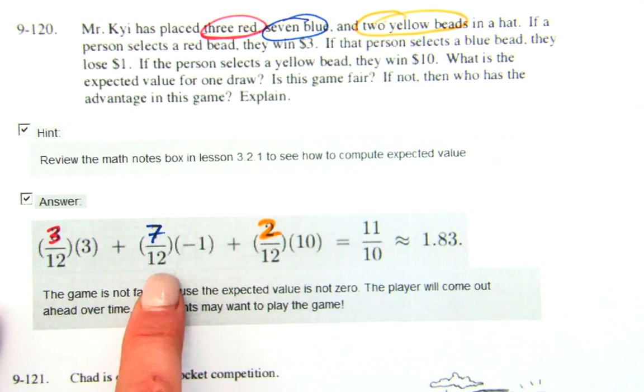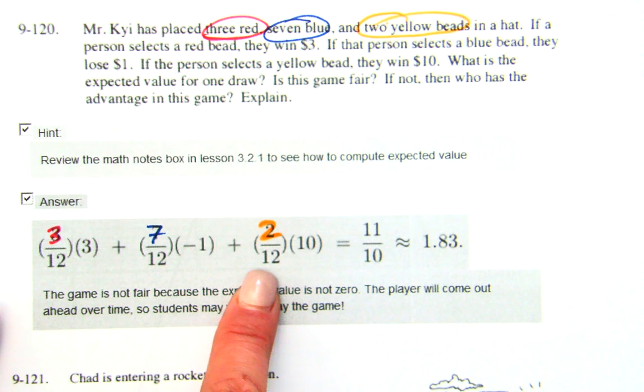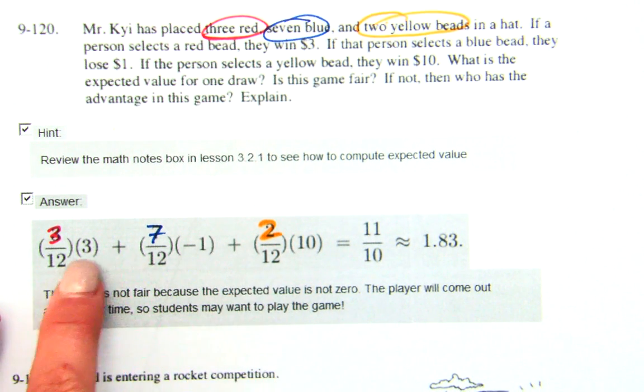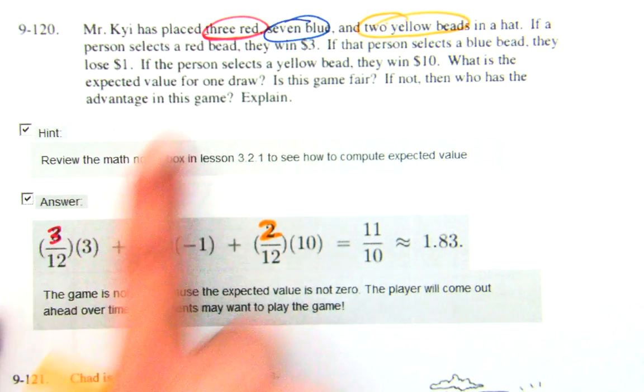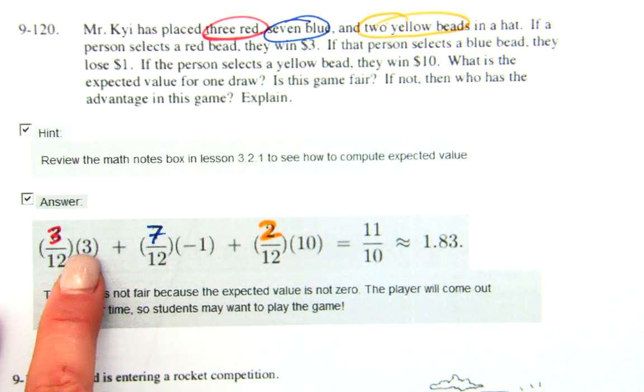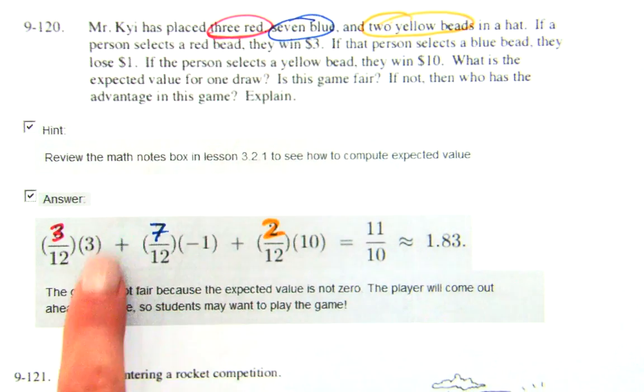So all of them have a probability based upon the total, which in this case is 12 of the beads. And then the expected outcome is you multiply how much you're expected to win by the probability of that outcome. So in the case of 3 out of the 12, you're going to win $3 if you get a red.